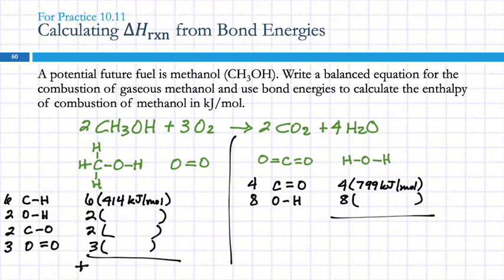And this is going to be negative, because this energy is released. So I've got this amount of energy being released and this amount of energy being used. I add those 2 numbers together, and that's my estimate for delta H for the reaction.